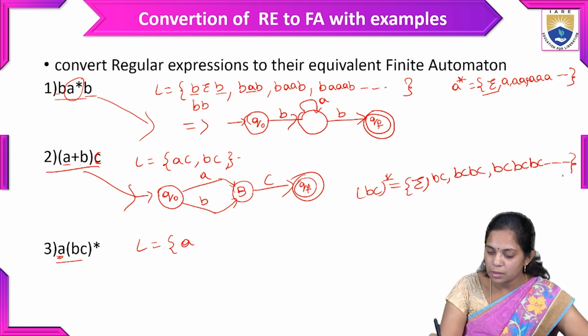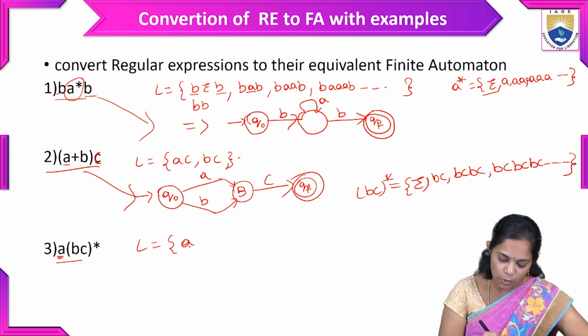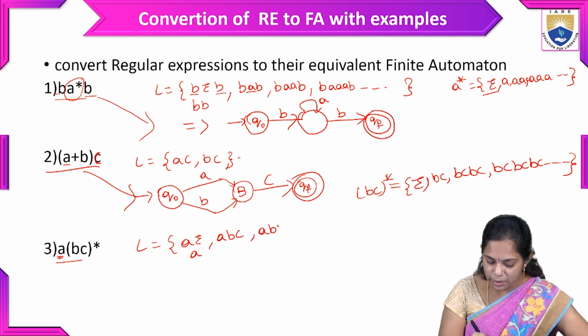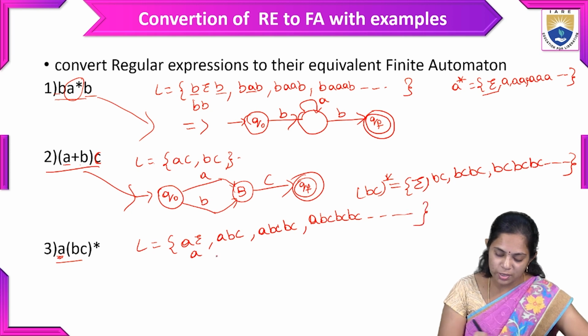So this is how star is represented. Epsilon is included in the BC star. So I am writing the language as epsilon, A, A BC one time, A BC BC two times, A BC BC BC, and so on. So this is the language.